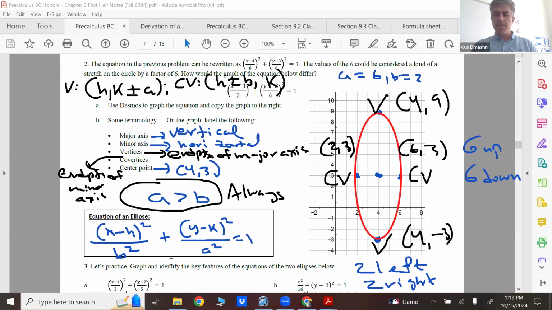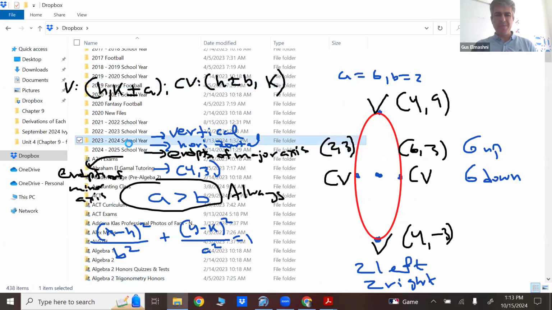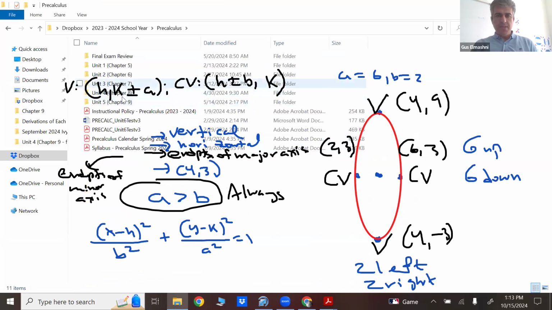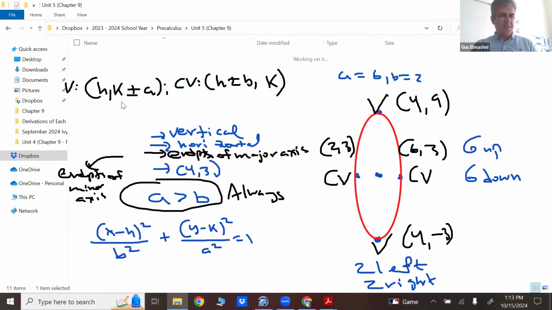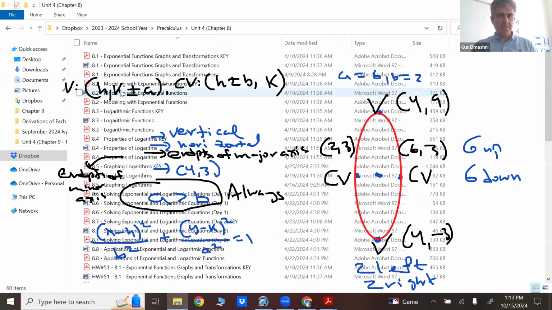There's actually a really nice formation. Just give me a moment, I'll come back to this. We're still copying down. Maybe it's here. Precalculus, I think chapter 9. No, chapter 8.